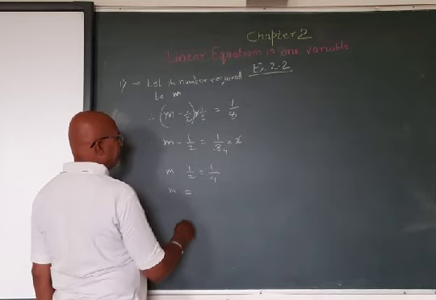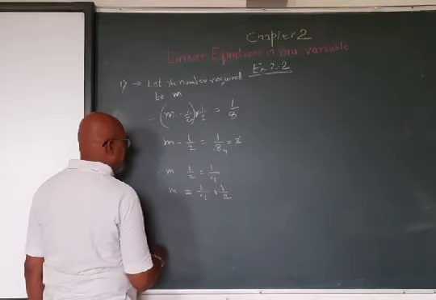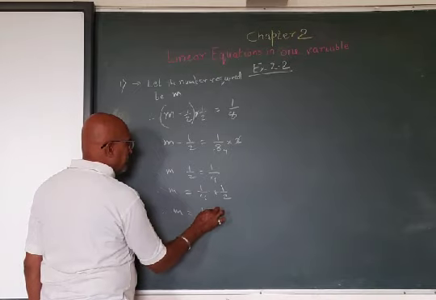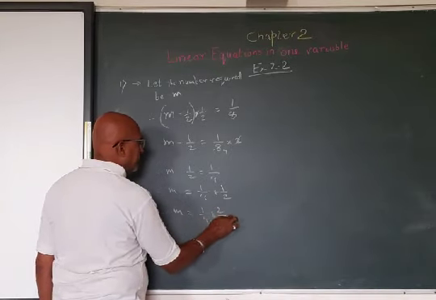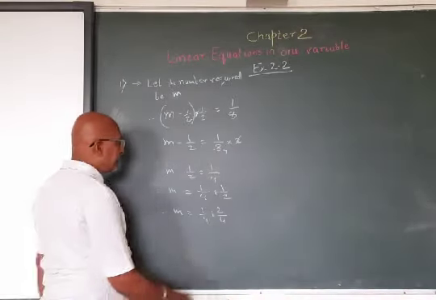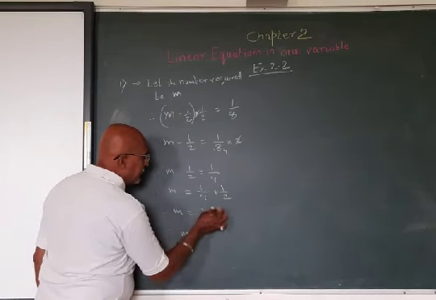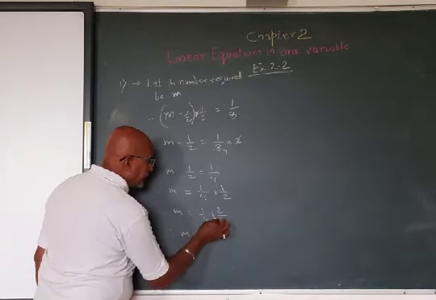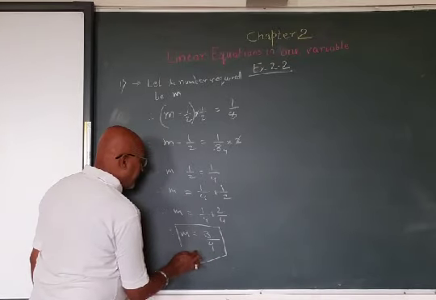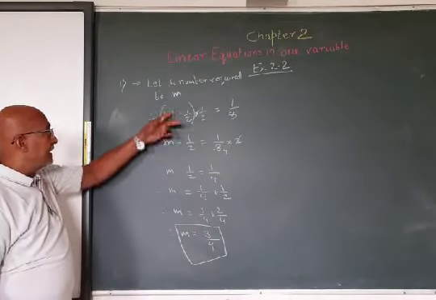So m equal to 1 upon 4 plus 1 upon 2. Therefore m equal to 1 upon 4 plus 2 upon 4. We can write 1 upon 2 as 2 upon 4, so that the denominator becomes the same, that is taking the LCM. Therefore m equal to 1 plus 2, 3 upon 4. So the number required is 3 upon 4.